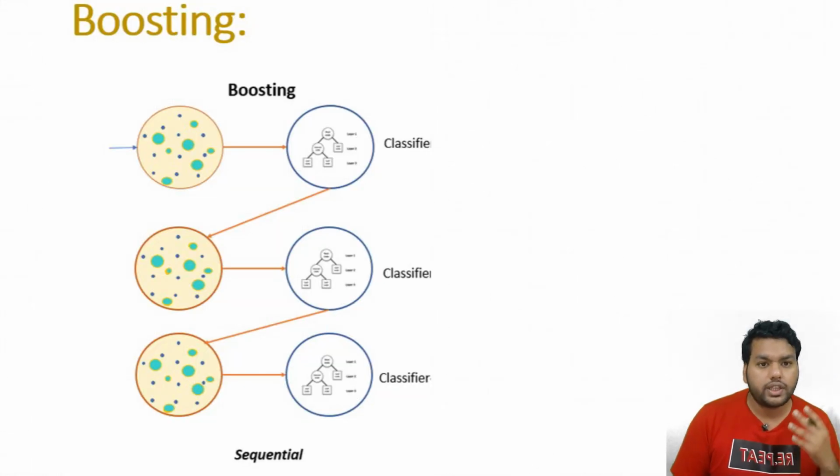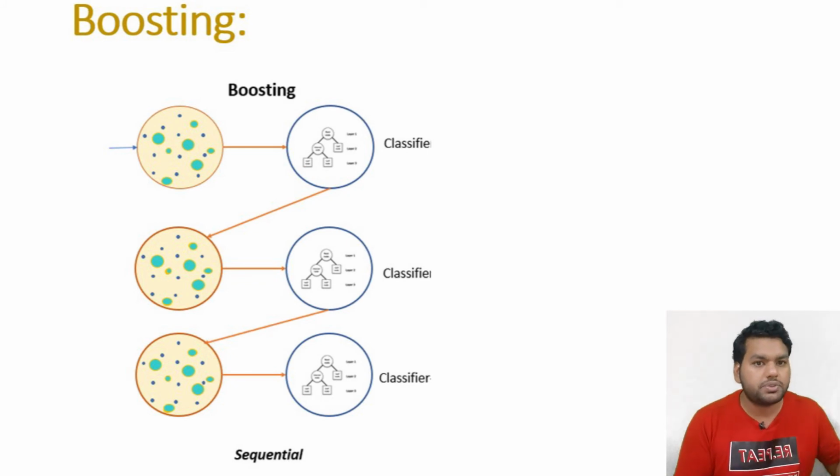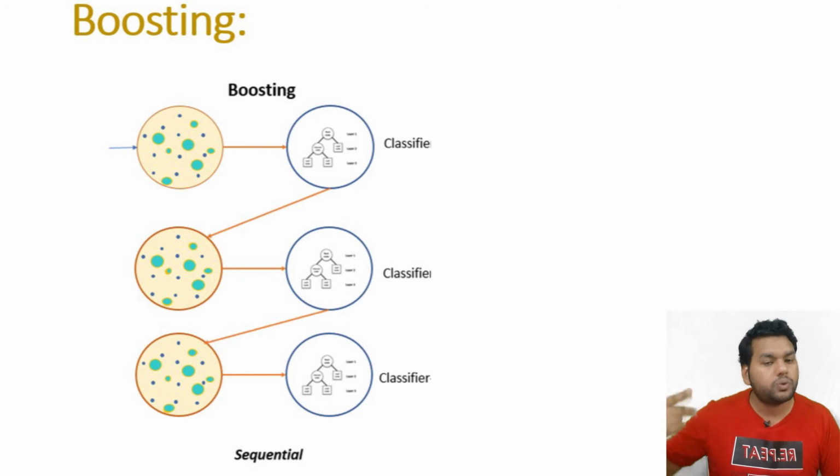Now what does boosting do? Boosting is also known as a sequential process of ensembling. In the first step, it creates a subset from the original data set and then trains the model on that. Initially it gives the same weight to every data point in that data set, and then we train the model on that subset.